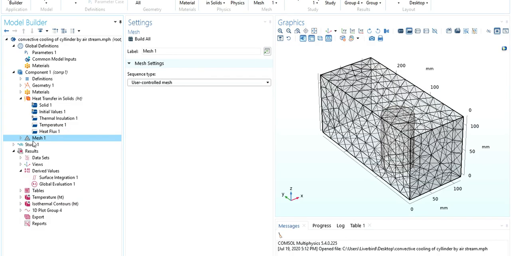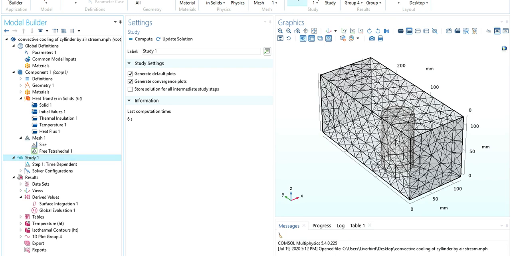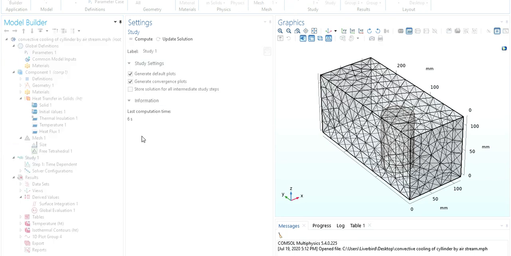Proceed to mesh. Select free tetrahedral mesh for this model and select study to compute.